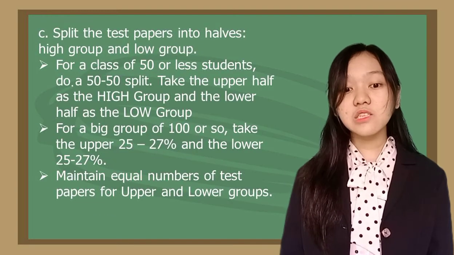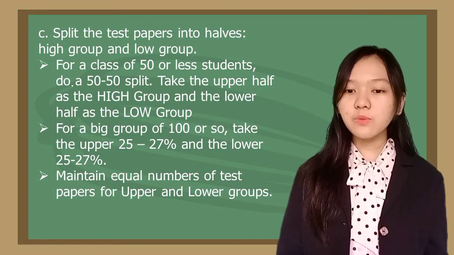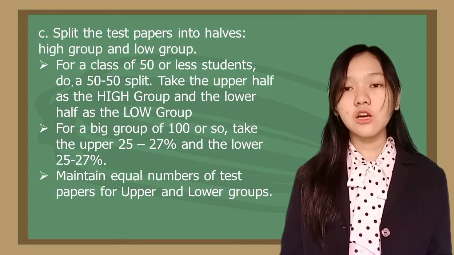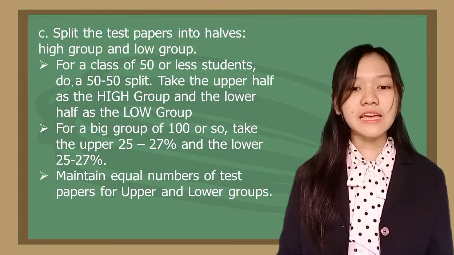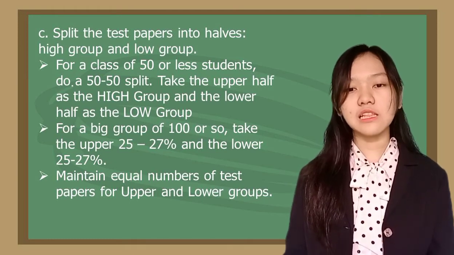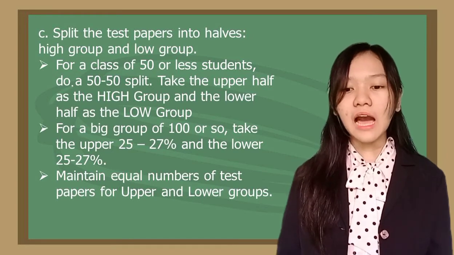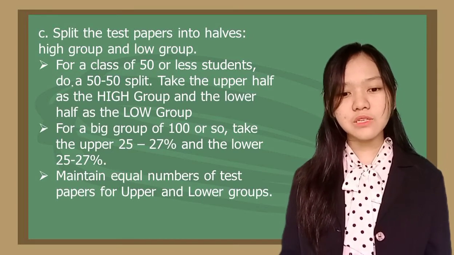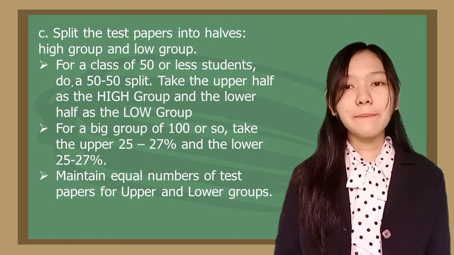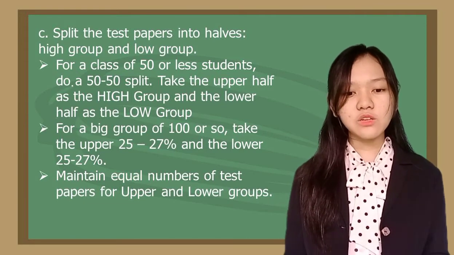Letter C is to split the test papers into halves, the high group and the low group. For a class with 50 or fewer students, do a 50-50 split. They take the upper half as the high group and the lower half as the low group. For a big group of 100 or so, take the upper 25 to 27% and the lower 25 to 27%. Maintain equal numbers of test papers for the upper and lower groups.